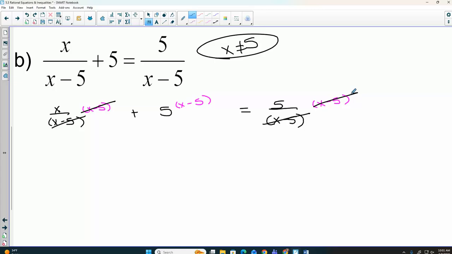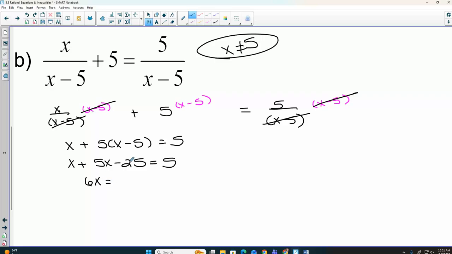Do I have anything else I need to multiply by? No, I already got rid of all my fractions, so this one's nice. Here I'm just left with a 5. Here I have 5 times my x minus 5 equals 5. So 6x equals, if I add over my 25, 30, into x equals 5.